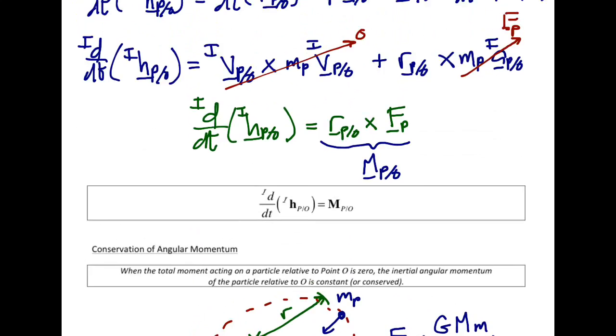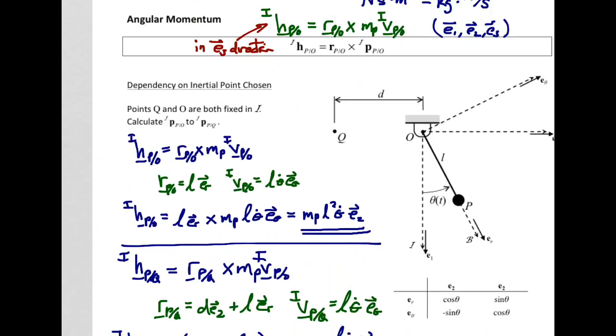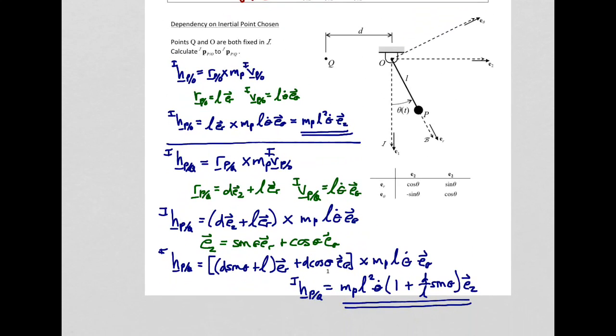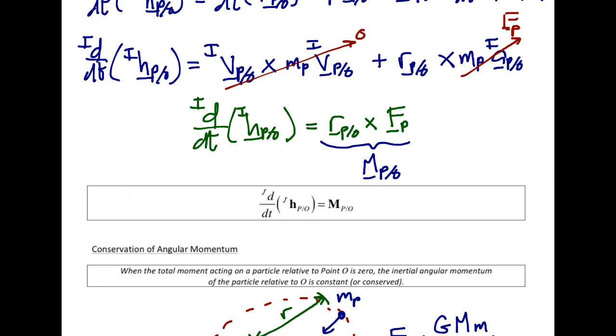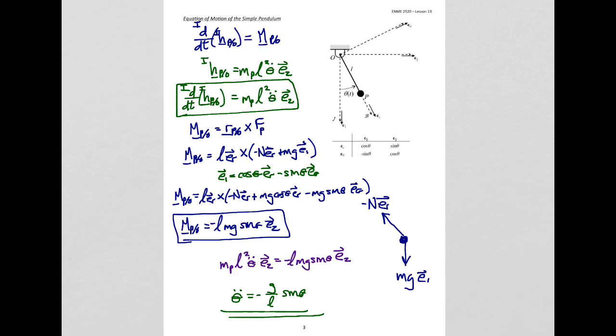If we look back at when we calculated the angular momentum of point P with respect to O, it's all based on a position vector and a velocity vector, giving the mass of point P times L squared times theta dot. So no acceleration there. Then we simply take the time derivative of this expression, which is not acceleration, and find our moment.